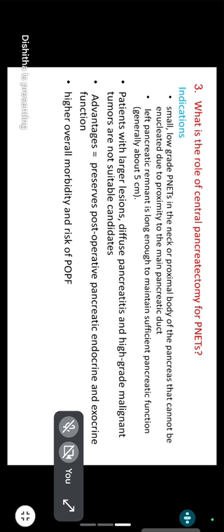In those cases, we go ahead with central pancreatectomy. But patients who have larger lesions, who have diffuse pancreatitis or high-grade malignant tumors are not suitable for central pancreatectomy. The advantage is again it preserves the pancreatic parenchyma, thereby endocrine and exocrine function is preserved, but it is associated with overall morbidity and risk of POPF.